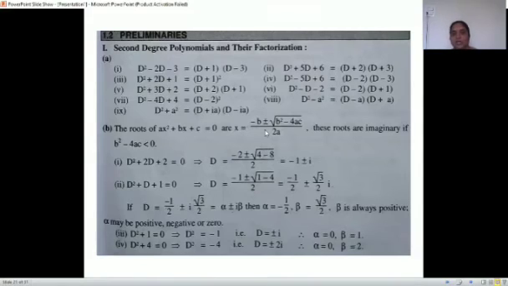Okay. Not getting. So let me tell, the name of the method is synthetic division. Have you heard about synthetic division? What is the synthetic division? This equation, again the second. What you have to do is draw a horizontal line, a vertical line, then 1, then next coefficient of the term.